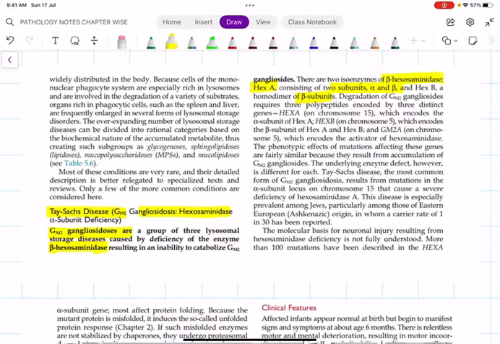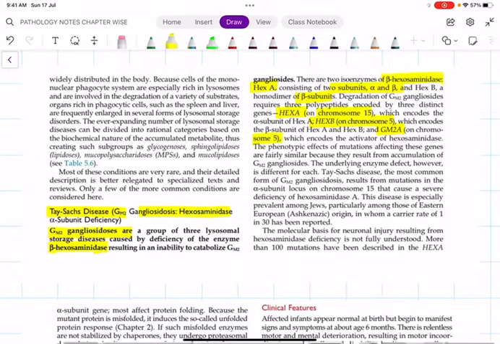Beta hexosaminidase has 2 isoenzymes, hexosaminidase A and hexosaminidase B. Hexosaminidase A has alpha and beta subunits. The alpha subunit of hexosaminidase A is coded by chromosome number 15, whereas the beta subunit is coded by chromosome number 5, and GM2A is also coded by chromosome number 5. Remember, HEXA is chromosome 15, HEXB is chromosome 5, and GM2A is also chromosome 5.